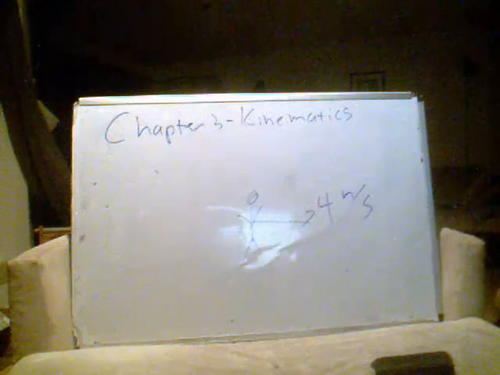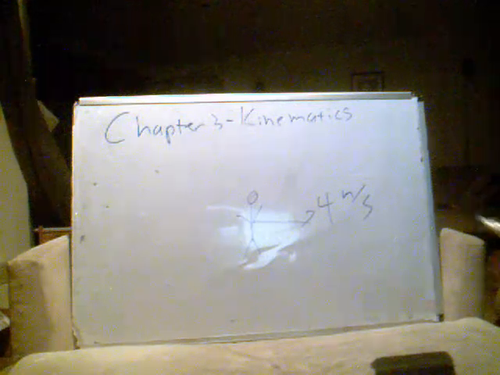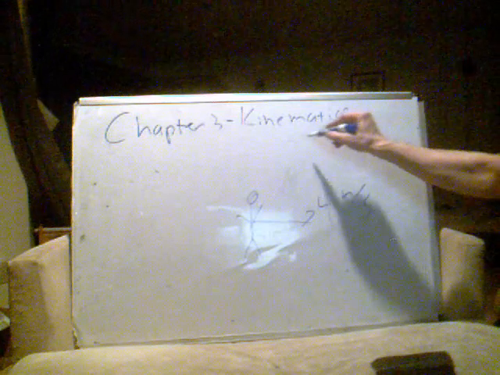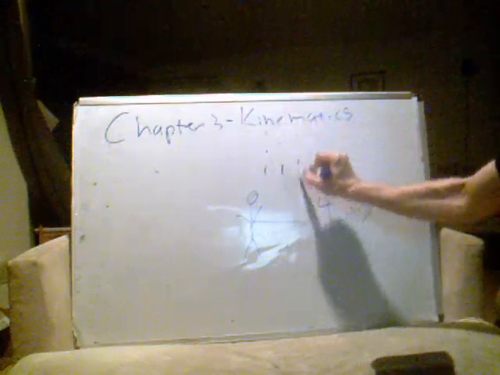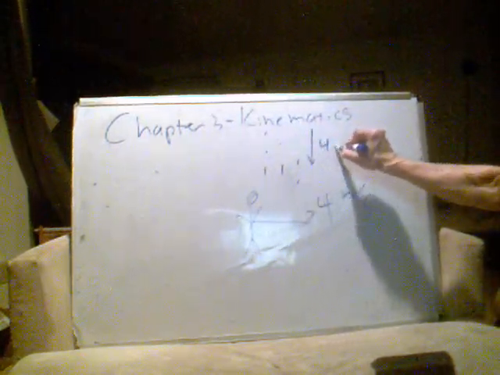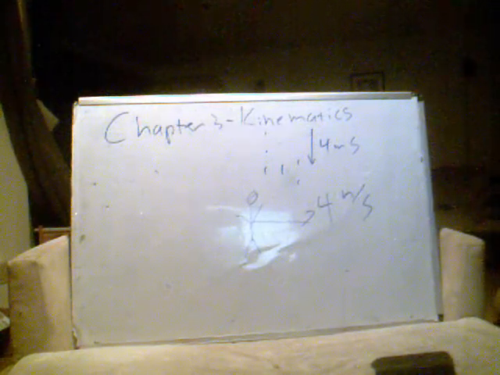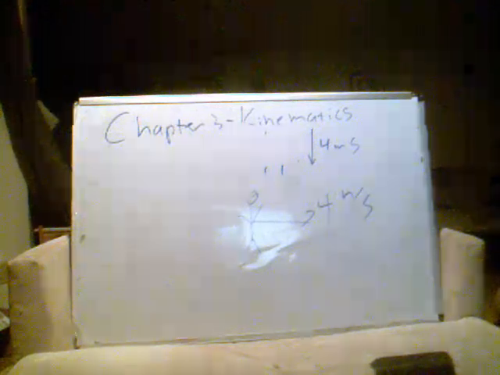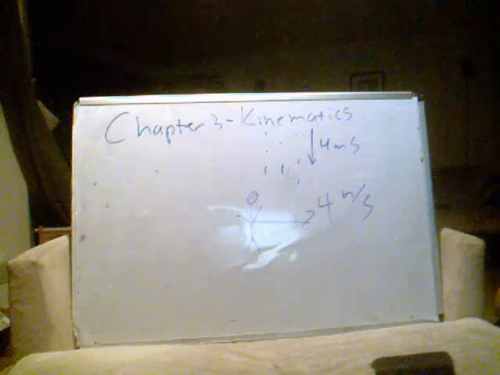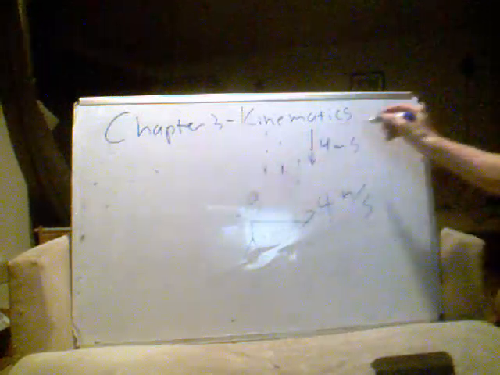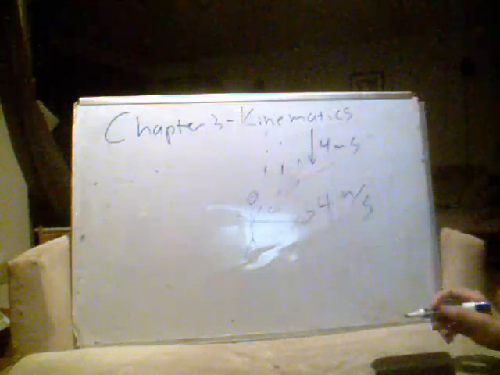Okay, now let's say that rain is falling down, right? With a velocity of 4 meters per second also. Relative to you, what does it feel like, the angle that the raindrops are coming at you with?